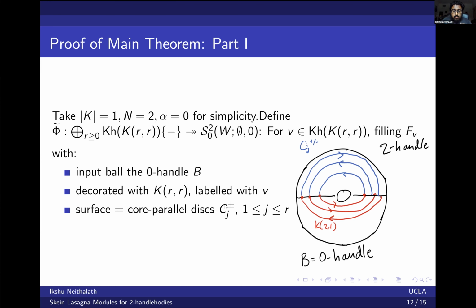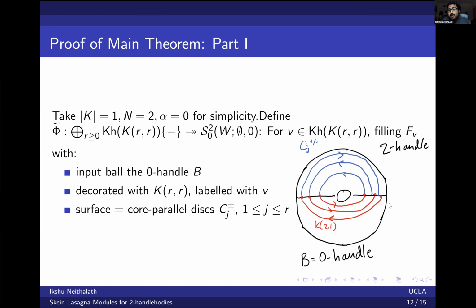And then notice if we assign the orientations that way, then this surface has trivial homology class relative to the 0 handle. Okay, right? If you think of the generators of H2 of this two handle body, they're precisely these. A generator of the homology is just a kind of a sphere that wraps around where we've attached the 2 handle.